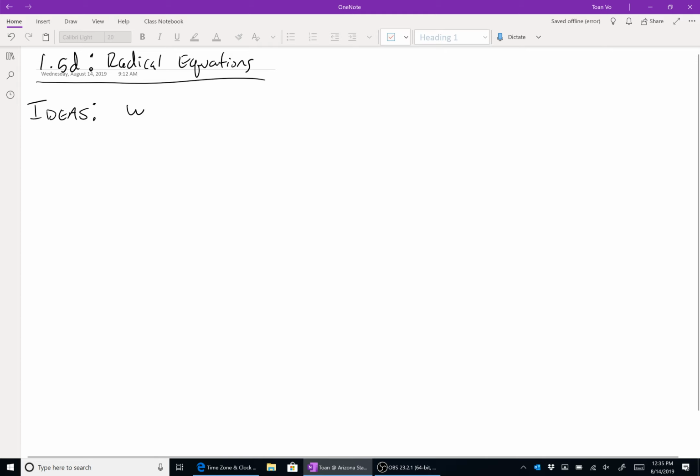So we only need inverse operations to solve these types of equations.